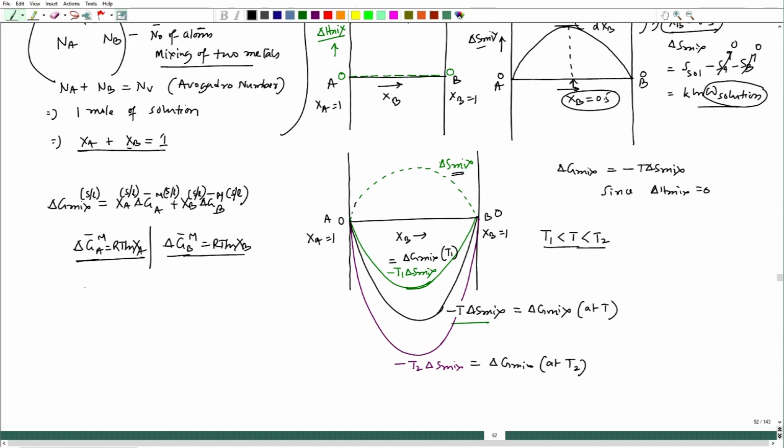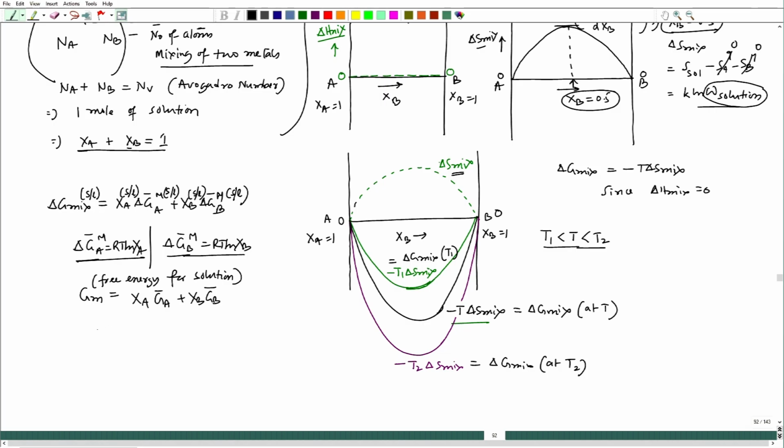If you recall that G m, which was the solution free energy, can be written as X A G A bar plus X B G B bar. G A bar and G B bar are basically partial molar quantities. G A bar is the partial molar free energy for A in the solution. Similarly, G B bar is nothing but the partial molar free energy for the B component in the solution.